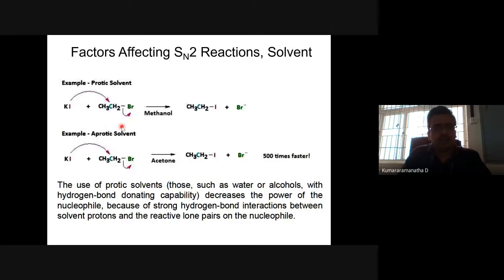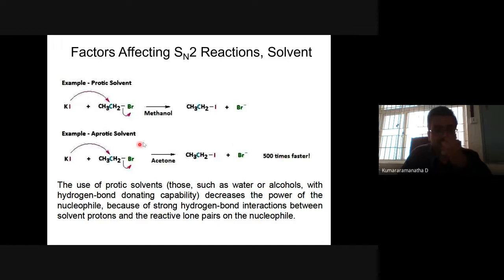Please look at one more example. Bromo is being left and iodo is being added, in a reaction you are doing in methanol, with respect to protic and aprotic solvents. If you have aprotic solvents, the reaction rate is 500 times faster.